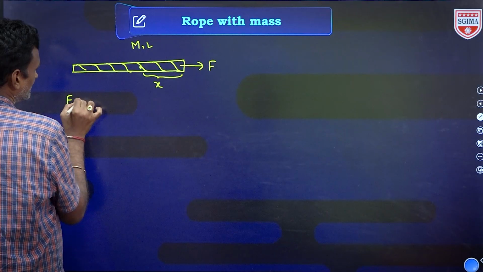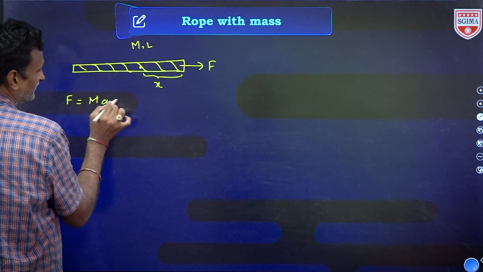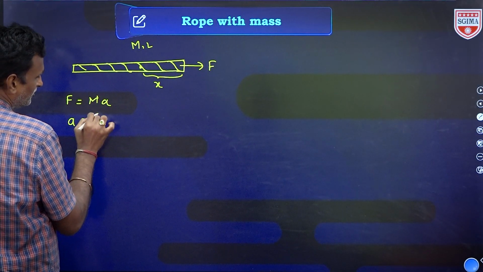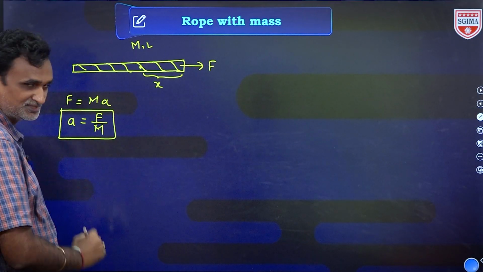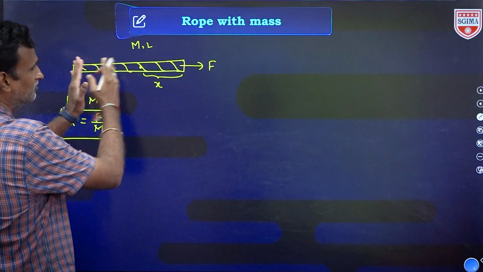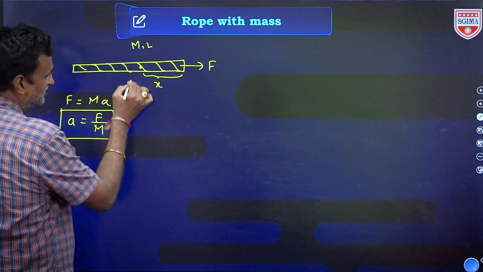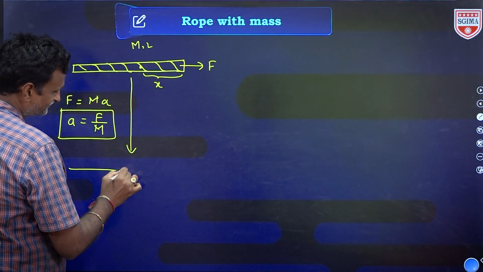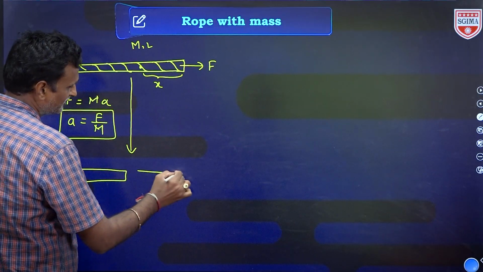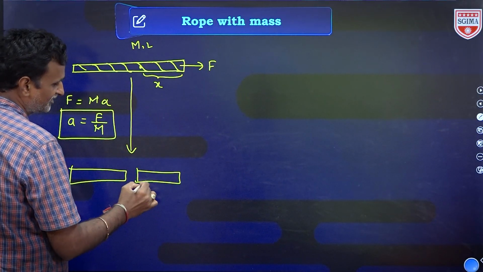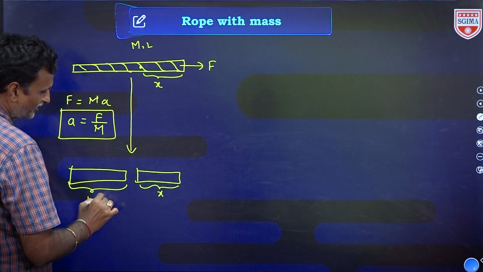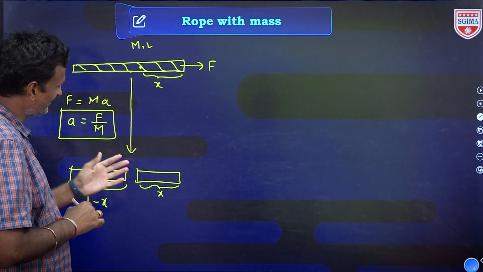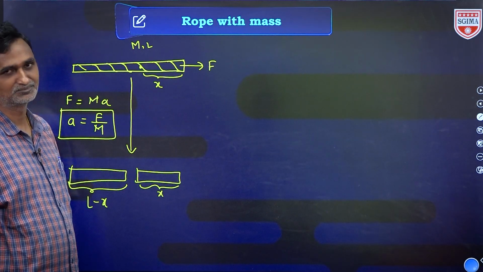According to Newton's second law, F equals ma, so a equals F by m. Now we need to break this rope into two portions. Here in the diagram, this is one portion of length x and this is the other portion of length L minus x. You can take any one, you will get the same answer.